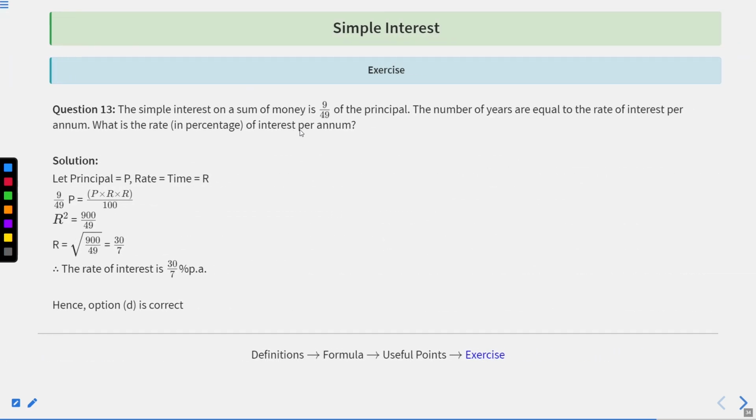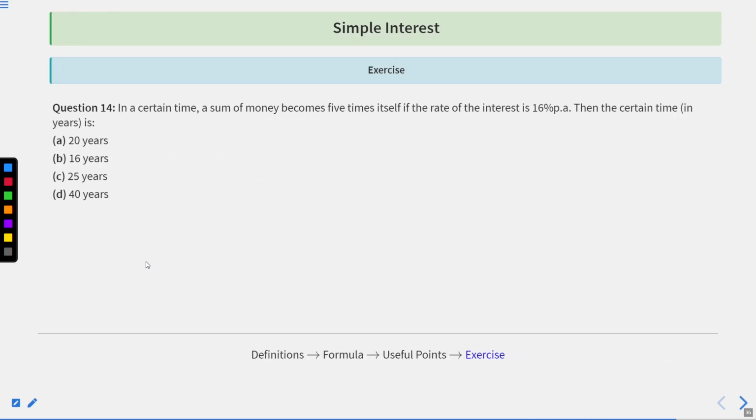So the solution: let principal be P and rate equal to time equal to R. So here we have 9 upon 49 P equal to P into R square upon 100. That means R square is given to be 900 upon 49. That means R is equal to 30 upon 7. So the rate of interest is 30 upon 7% per annum. So the option correct here is option D.